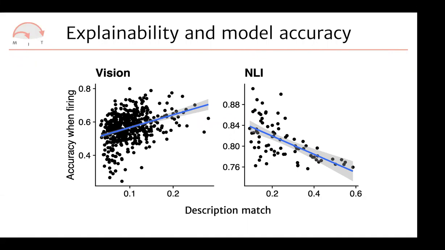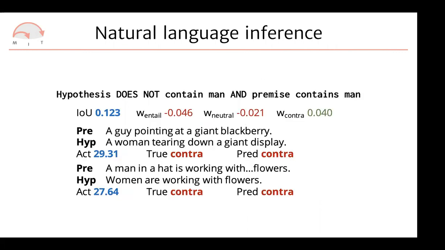The more explainable you are as a neuron, the more likely it is that when you fire, the model's prediction is wrong. And what we think is going on here is basically that this natural language inference task requires reasoning that is much more complicated than can be encoded in little logical forms like this. So to the extent that you are well described by some sort of logical form, you've basically learned to cheat at the task rather than to actually model the reasoning that's required.